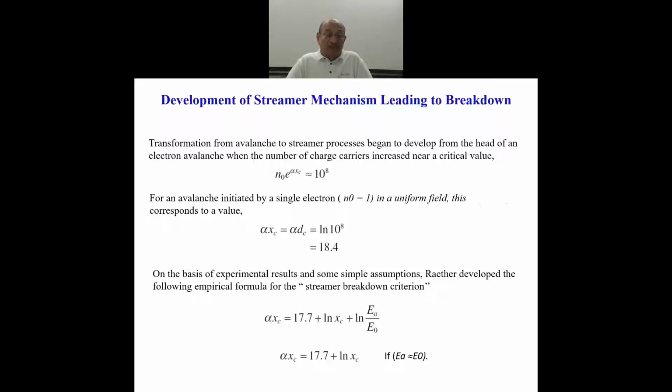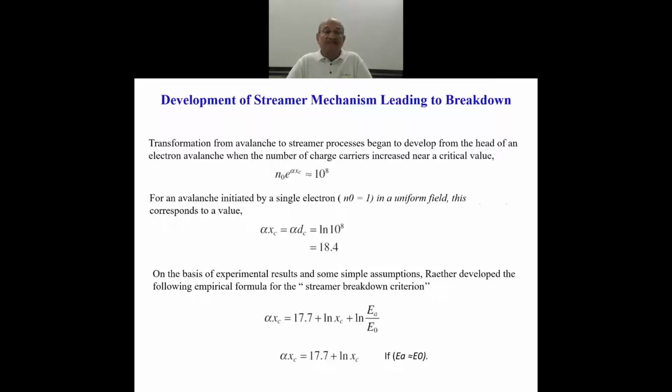So the Townsend theory was not able to explain this. Raether performed his experimental work and found that when the breakdown takes place with an avalanche above a certain magnitude, it can be described with the number of charged particles or the length of the avalanche.